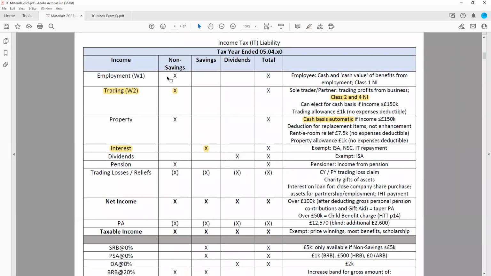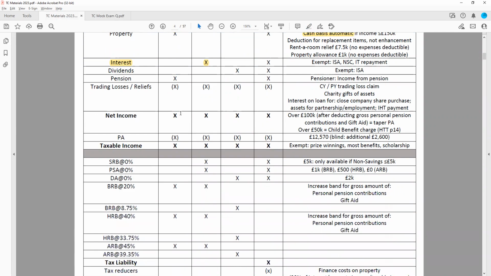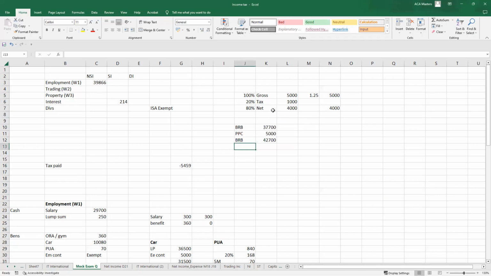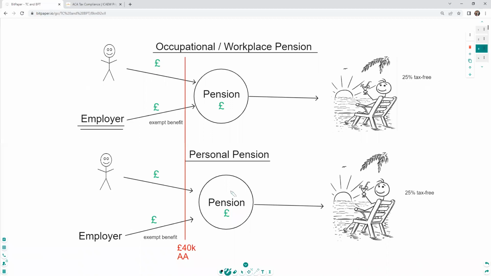When it's a workplace pension, you just deduct it from the employment income, nice and easy. If it's a personal pension, then what you need to do is gross up the bands. You don't really need to worry too much about what I explained about how he makes a contribution, but this amount goes into his pension. I think that's useful to understand how they get the basic rate tax relief.